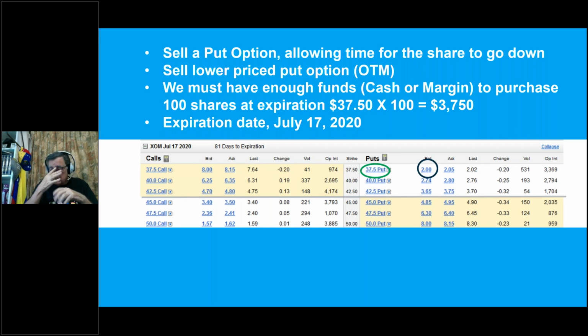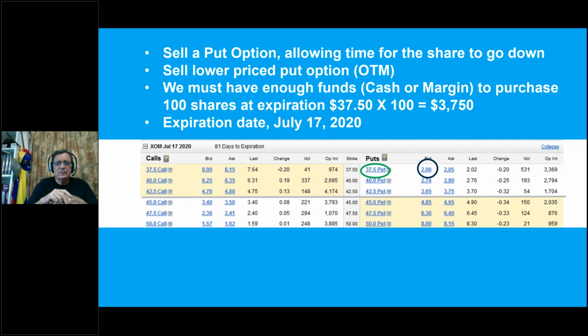Now, why would you do that? I'll tell you why. If you owned ExxonMobil and it's at 44, and you're saying, wow, what if it goes down to 30? I don't feel comfortable with that. I can deal with 35. If it goes to 35, I'm okay.